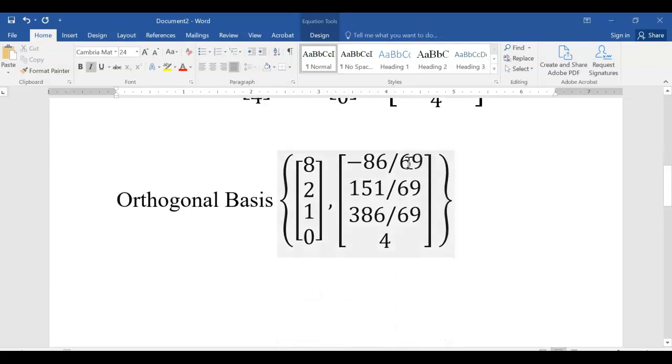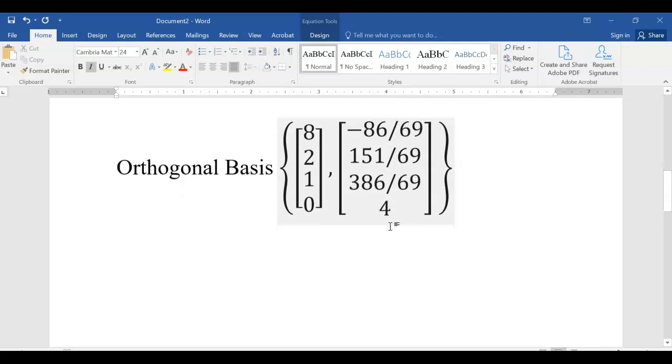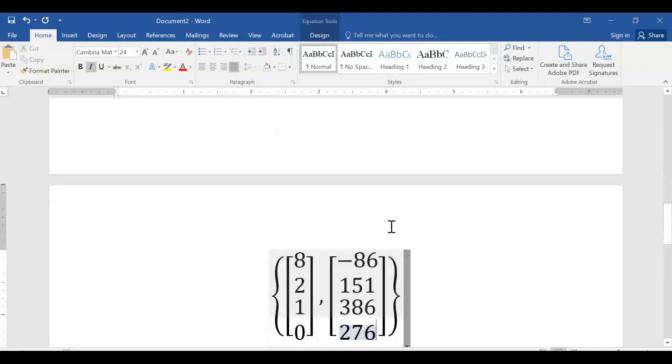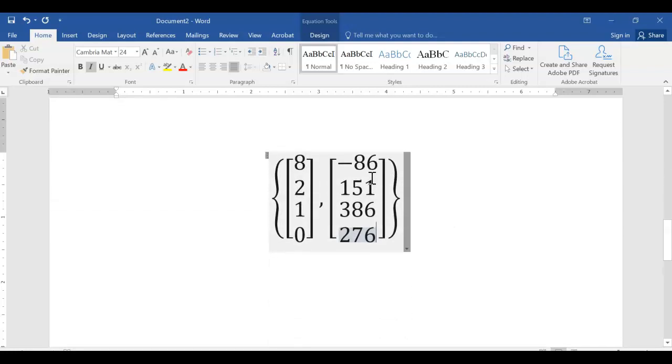Now, if you don't like the fractions here, you can multiply all of those entries by 69. If you multiply all of those entries by 69, you get negative 86, 151, 386, and then 4 times 69 is 276. So if you feel more comfortable with whole numbers, you can always scale up.